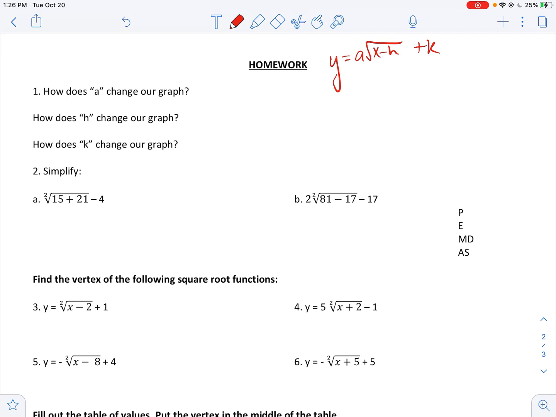And this is the same exact idea as when we did our parabolas, y equals a, x minus h squared plus k. So think about, how did a, h, and k transform our parabola, and it's going to do the exact same thing here. So what did a do? A gave us a wide or narrow graph.